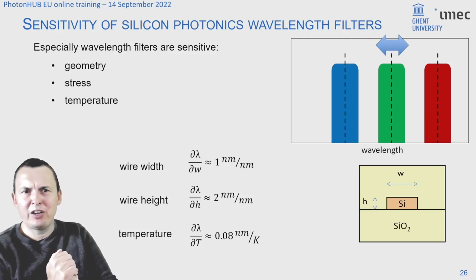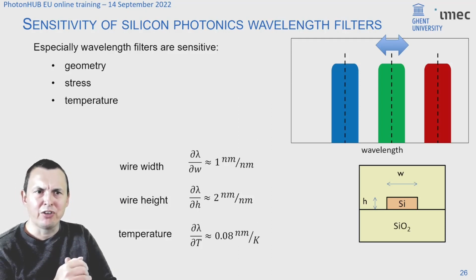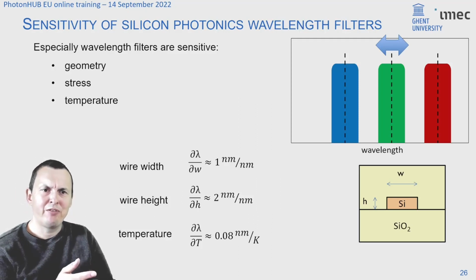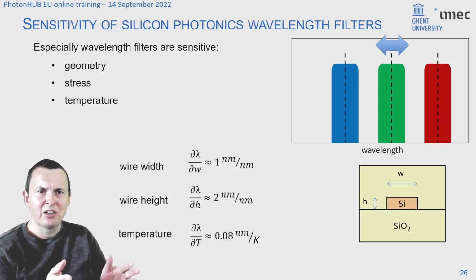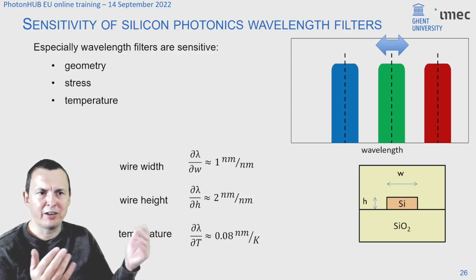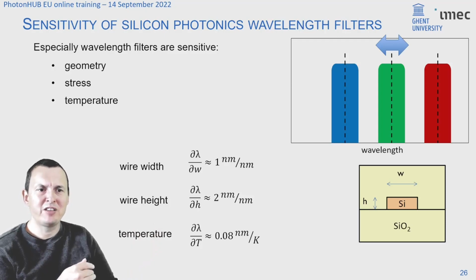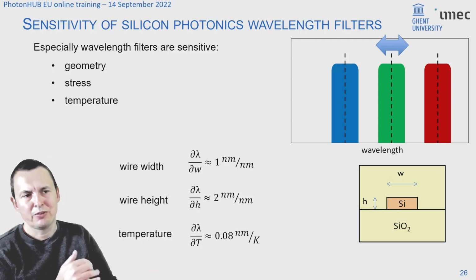Now, 1 nanometer in wavelength doesn't seem like a lot, but if you have a dense WDM telecommunication system where the channels are spaced 25 or 50 gigahertz, that's multiple channels. 1 nanometer then corresponds to 2 to 5 channels. So if you want to filter out a single channel, but you're several channels off your grid, that's not exactly what you want.